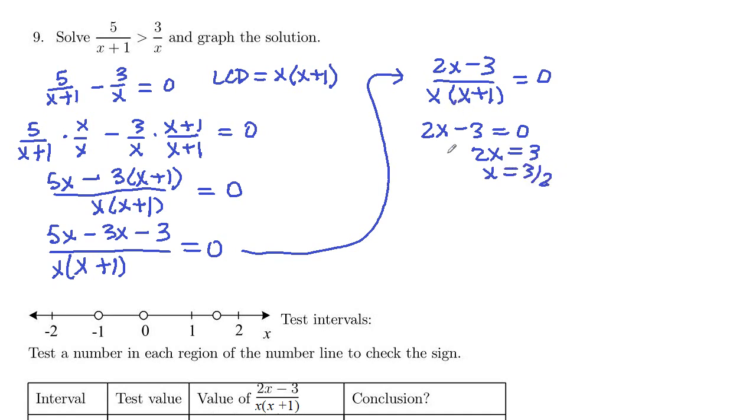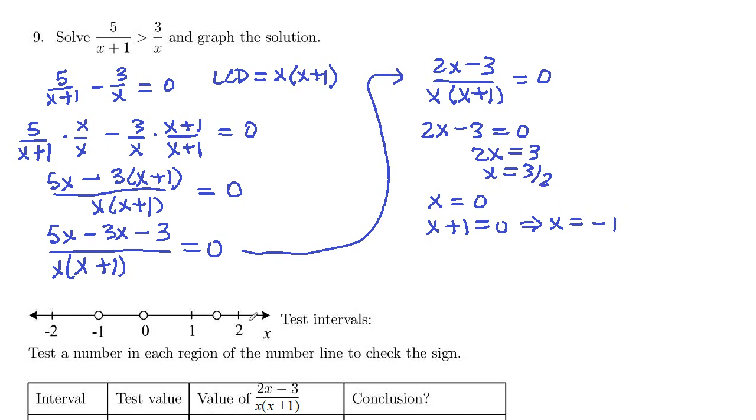And then set your denominator equal to 0. So x times x plus 1 is equal to 0 either when x is 0 or when x plus 1 is equal to 0, which means that x is negative 1. So your key numbers are negative 1, 0, and 3 halves.